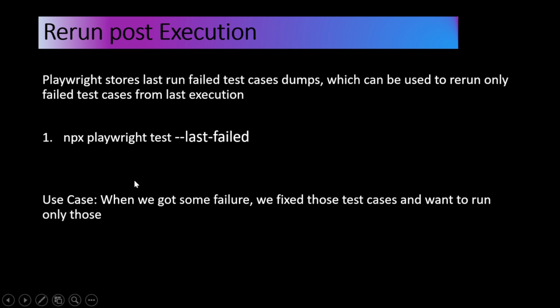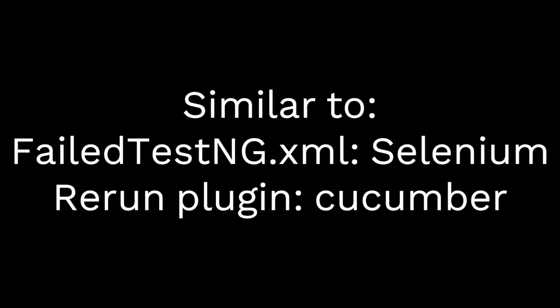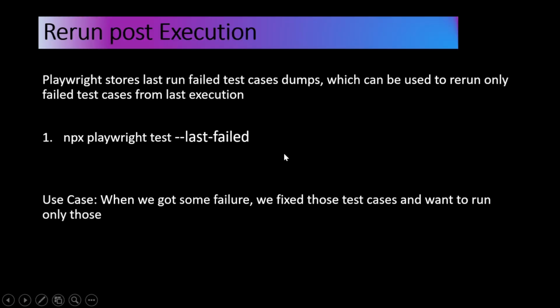And how to do so? How Playwright works is that Playwright stores the last failed test case dump, meaning whenever there are failed test cases, Playwright dumps the information for those failed test cases into one JSON file, and using this hyphen-hyphen last-failed flag, we can rerun those failed test cases.